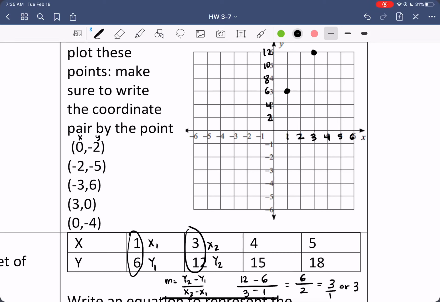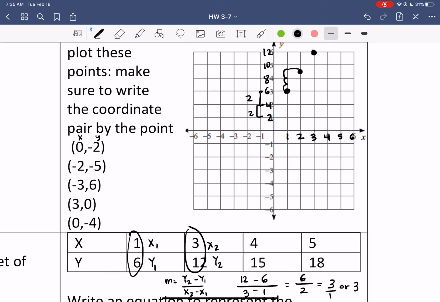So if I want to go up 3, I could go up 1, 2, 3 over 1, and that would be my point here. Here on this point right here, I can go down 3. So if I go down this way, remember this is by 2s.